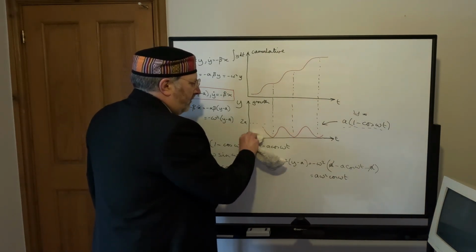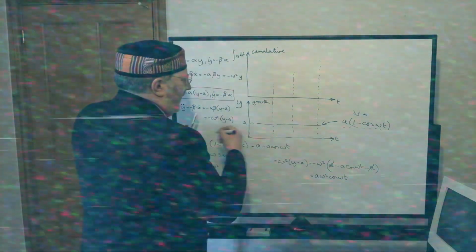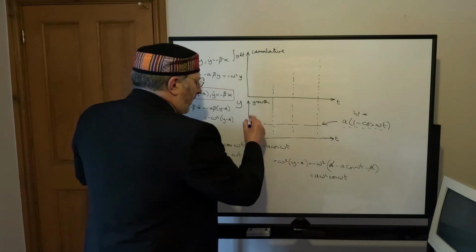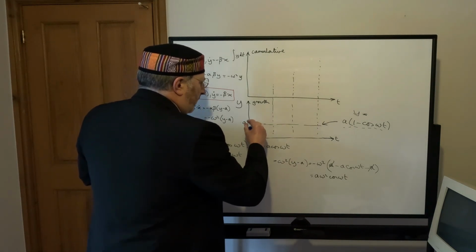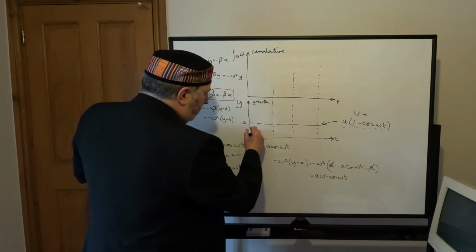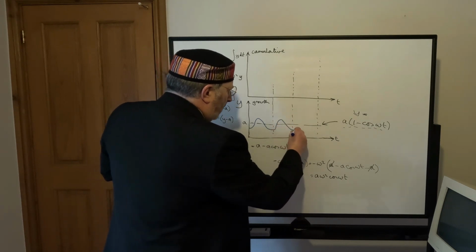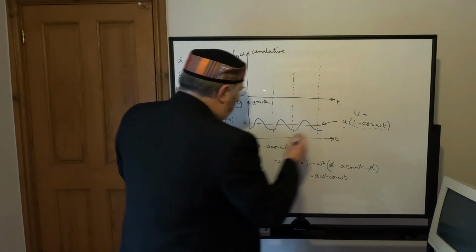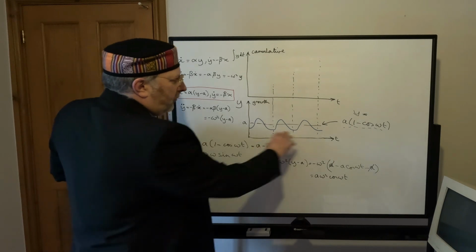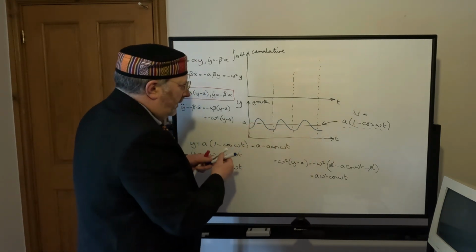We could have, in a more general case, a cosine curve that looks sort of more like this. So it's always positive, but it doesn't go back to 0.